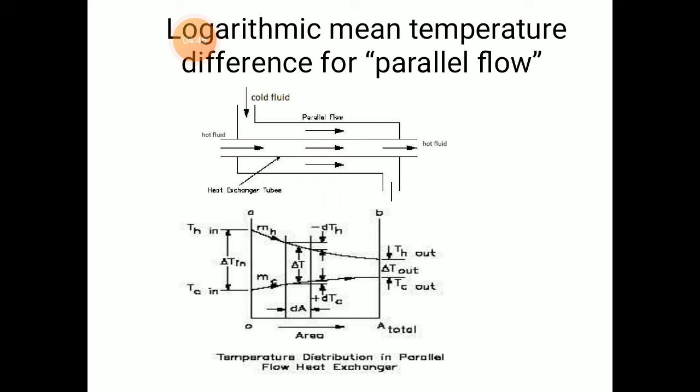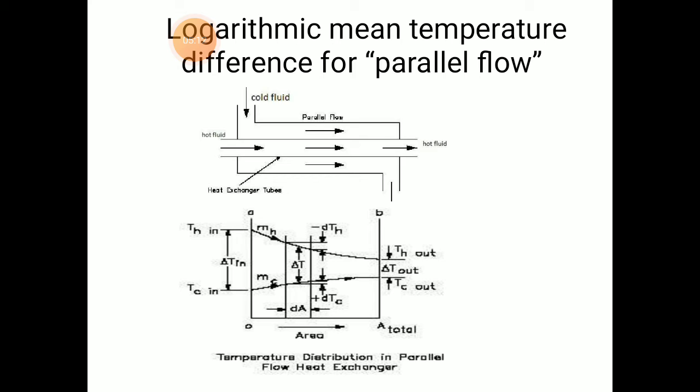In the graph, the temperature drop versus area is shown. The upper curve shows the temperature variation of hot fluid with respect to length, and the lower curve shows the temperature variation of cold fluid as it increases from inlet to exit, right?